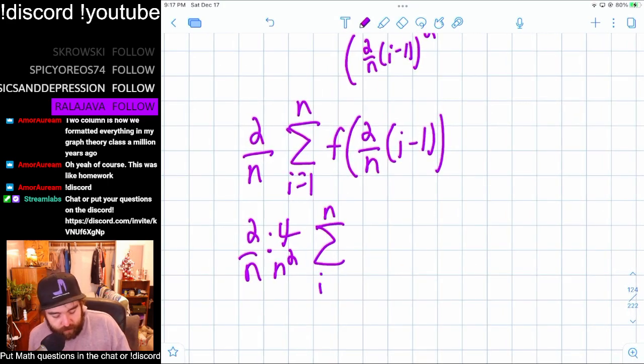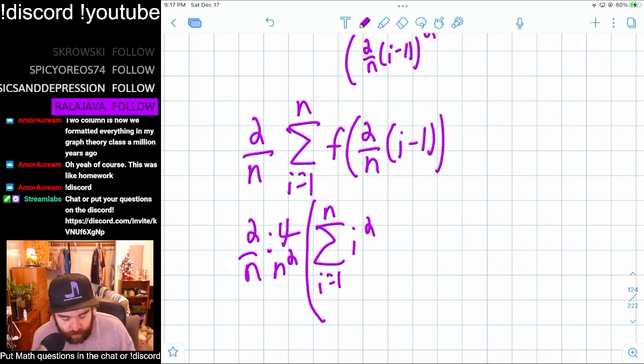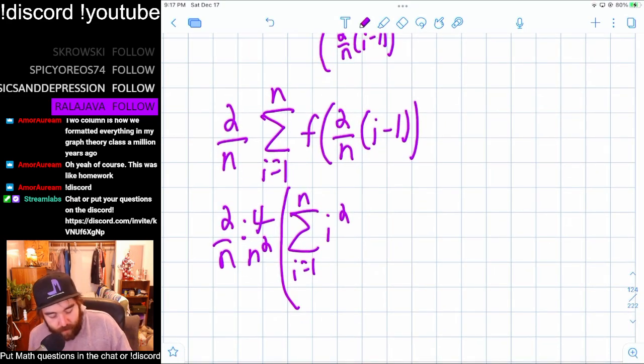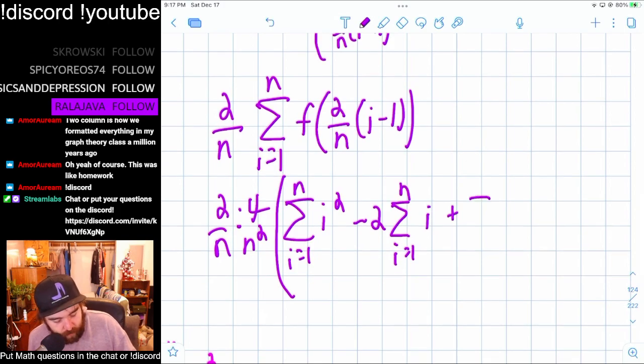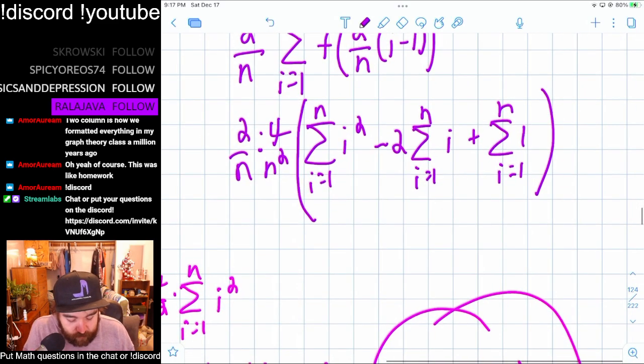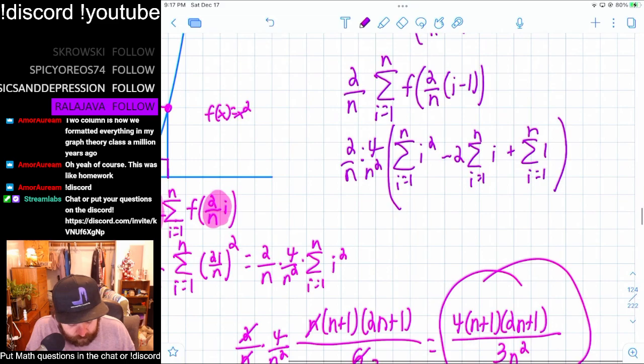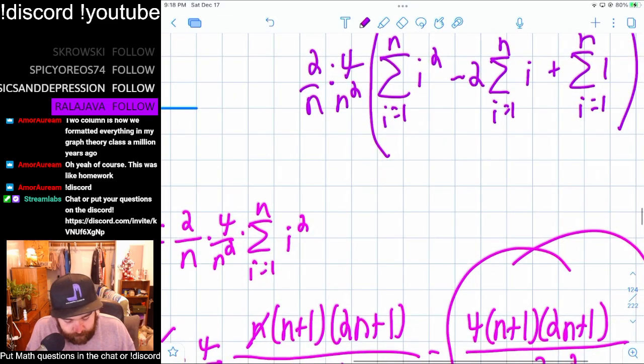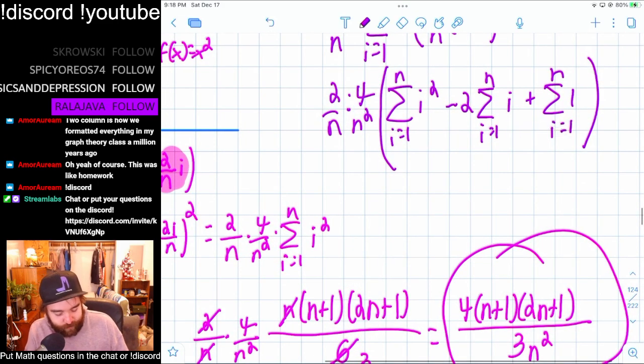So if you FOIL (i minus 1) squared, you're going to have i squared. We need parentheses here. So we have the i squared, and then this one is going to be a minus 2 that we can pull out, times i, plus 1, but still in a sigma. So here we have to use all 3 of the sigma notations. There were 4 of them, so just the first 3.